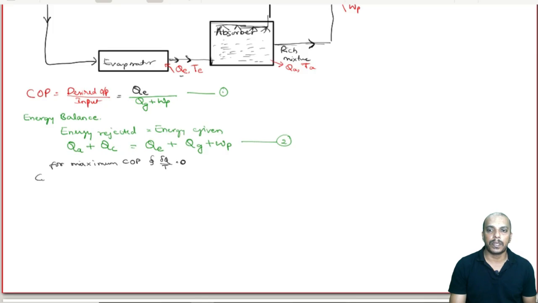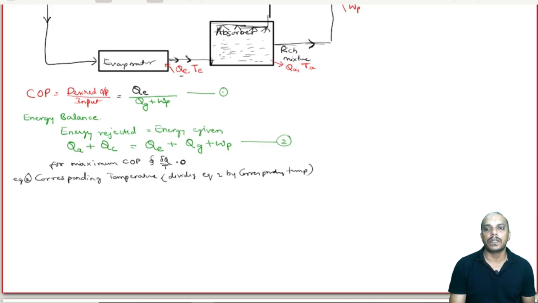Now, the corresponding temperature, we will write equation 2 with the corresponding temperature. I will divide equation 2 by the corresponding temperature.